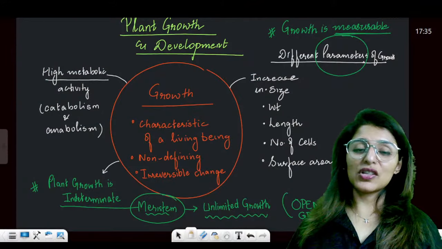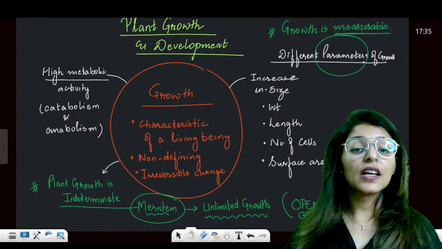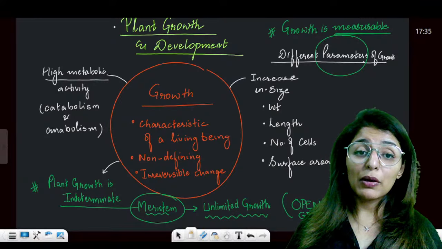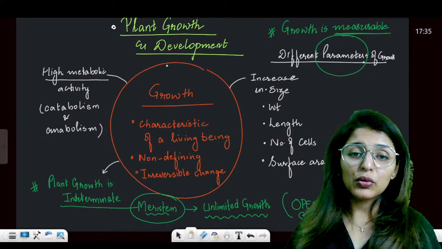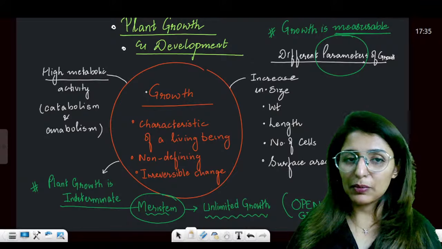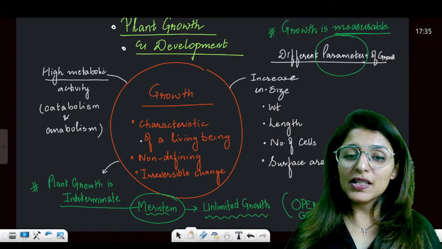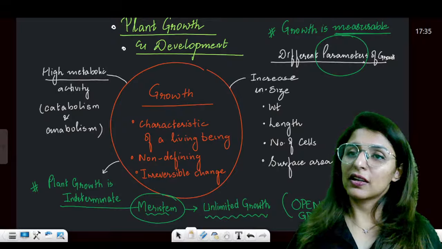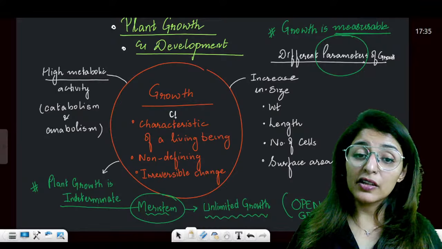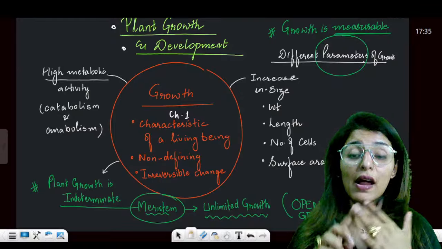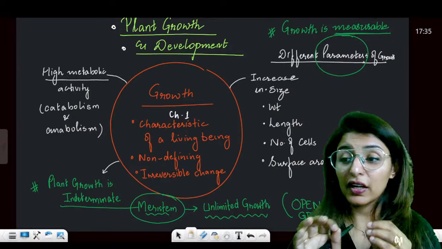So the first flowchart is right in front of you. All right, guys. So it is about plant growth and development. First of all, there are two terms. One is growth and second is development, right? First of all, let's talk about growth. So what does NCERT say? That of course it is a characteristic of living being. This is what we have read in chapter number 1. And if you remember, we have discussed that growth and reproduction are the non-defining features.